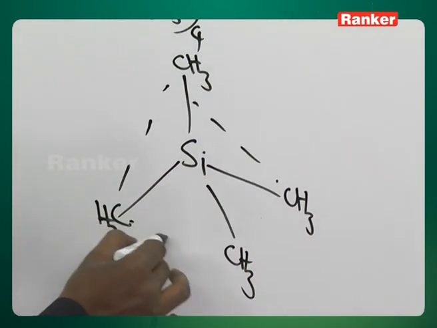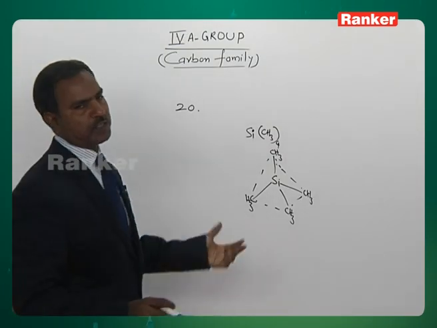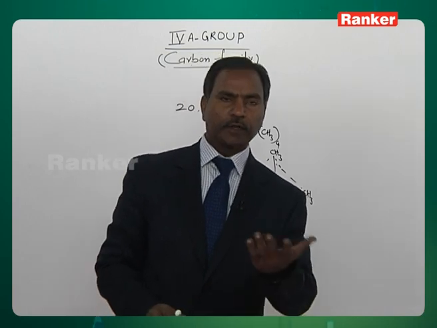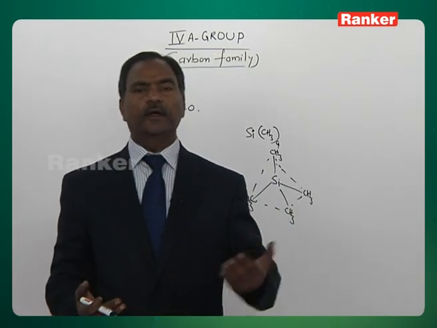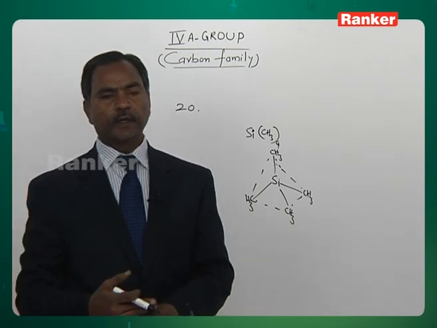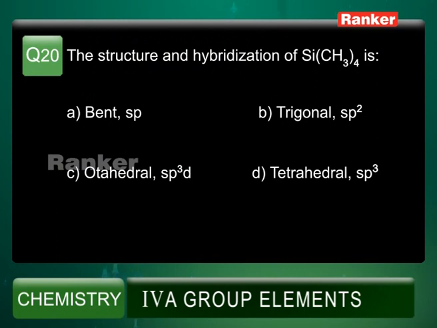This is perfectly tetrahedral with sp3 hybridization. The other options, bent sp, trigonal sp2 and octahedral sp3d, do not fit. Therefore, question number 20, only tetrahedral with sp3 hybridization. Answer is D.